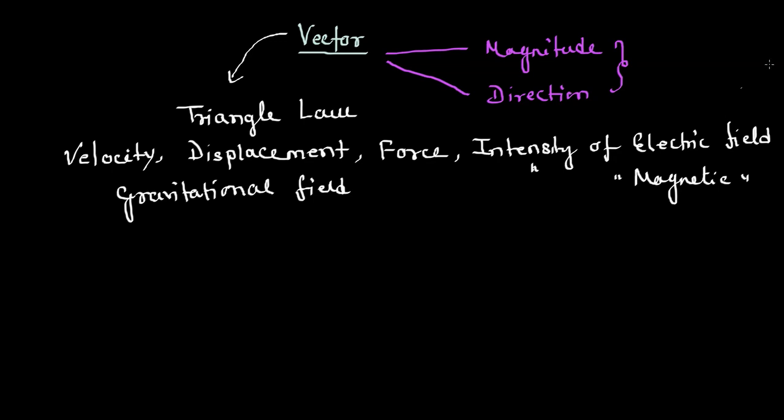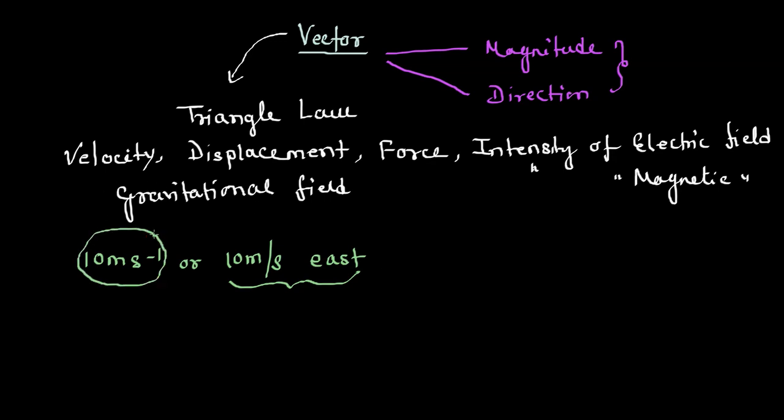Suppose the velocity of a body is 10 meter per second towards east. Then it is velocity. Otherwise, if I write only 10 meter per second, then it is speed.